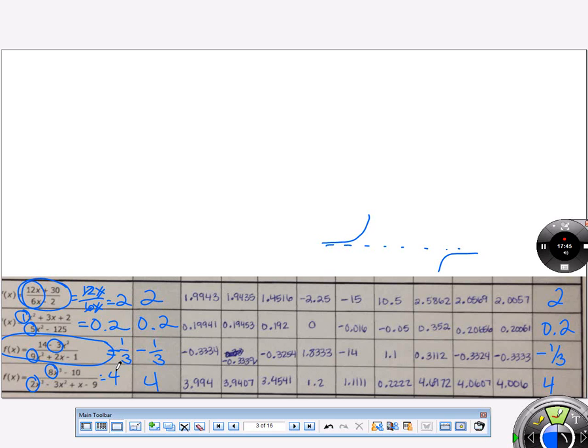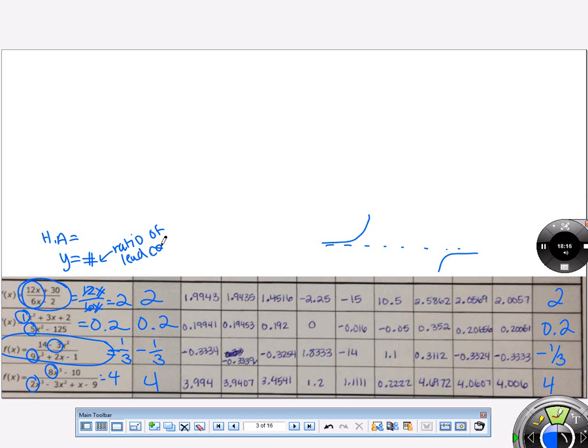So not only when they have the same degree do they have a horizontal asymptote, but you could figure out where their horizontal asymptote was without doing all of this now. You could just look at the function, take these lead coefficients, and you have where the horizontal asymptote is. Okay? So not only do these functions have a horizontal asymptote, but the horizontal asymptote is going to be y equals some number, and this number is determined by the ratio of the lead coefficients.